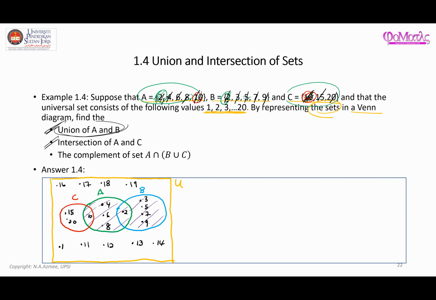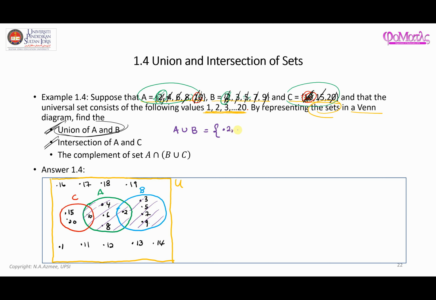So therefore, the answer to union of A and B, A union B is going to be all the values inside this purple shaded area here. Okay, so I'm going to write down accordingly.